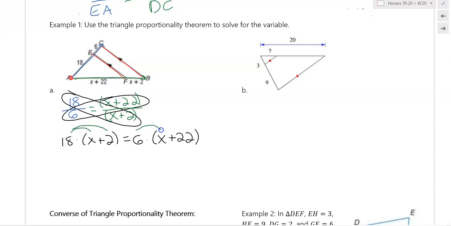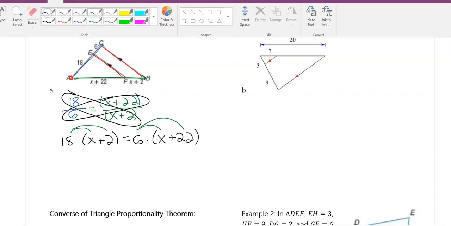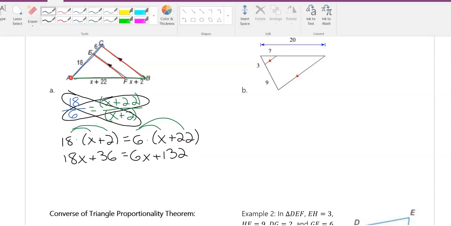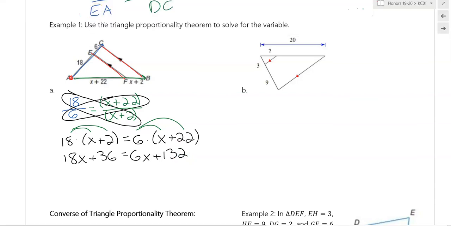I'm going to distribute with both of these, right? So I have 18x plus 36 equals 6x plus 132.